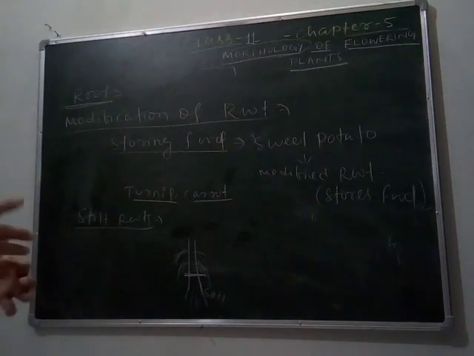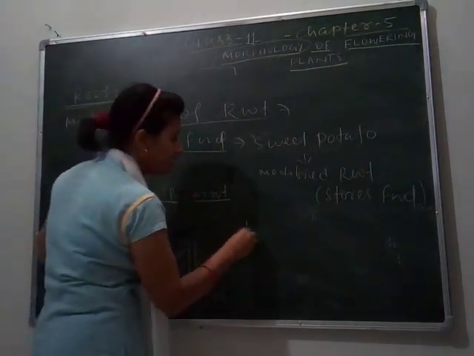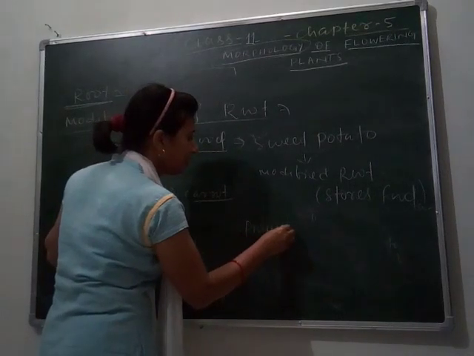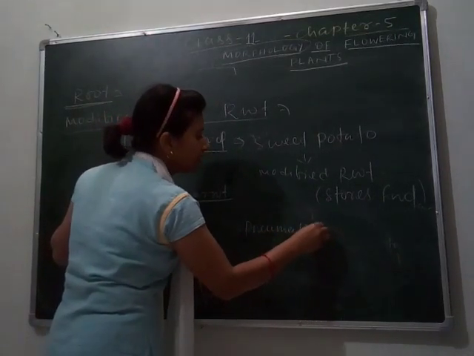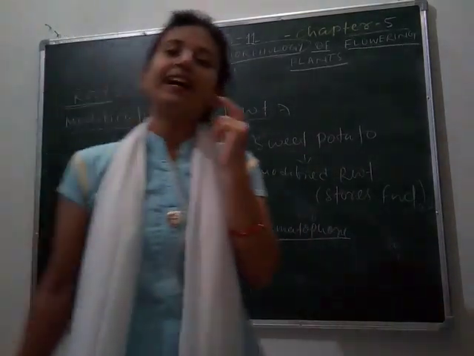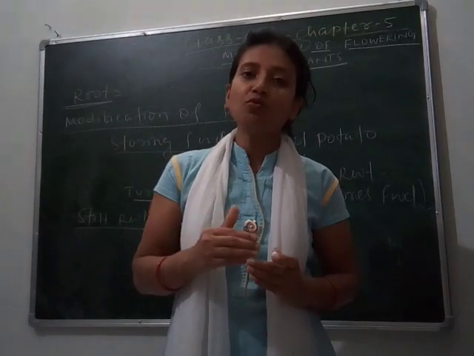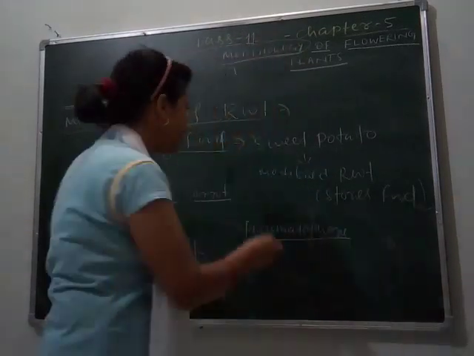So next is pneumatophores. The next root modification is pneumatophores. You will be astonished to hear that some plants also use their roots for respiration, and these roots are out of the soil.